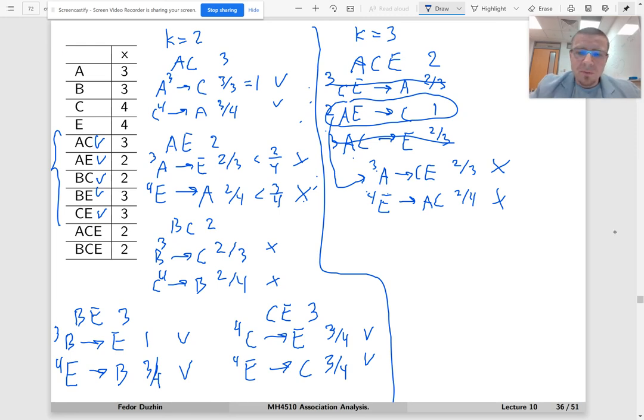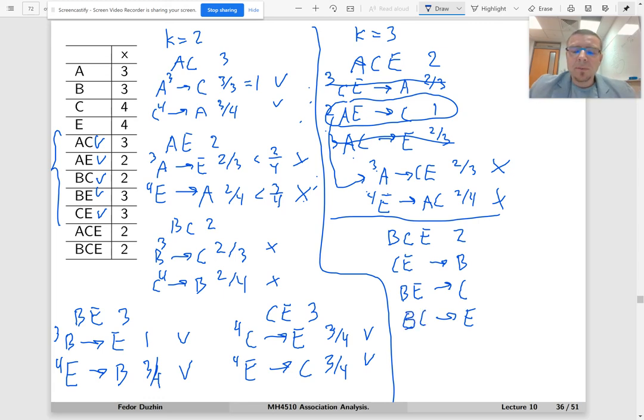So we also have one more rule with 3 items, which is BCE. BCE. So the count is still 2. All right, so then we're going to try putting all the items on the right-hand side. So there will be rules of the type: CE implies B, BE implies C, and the left-hand side should be BC for implies E. All right?